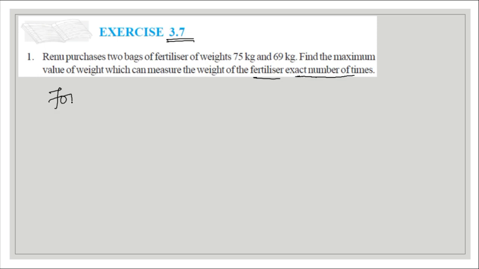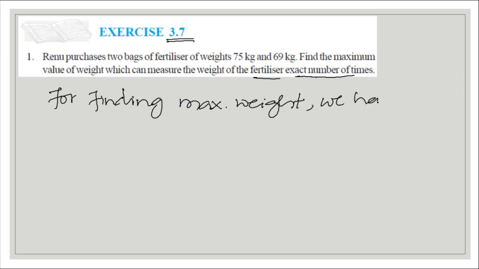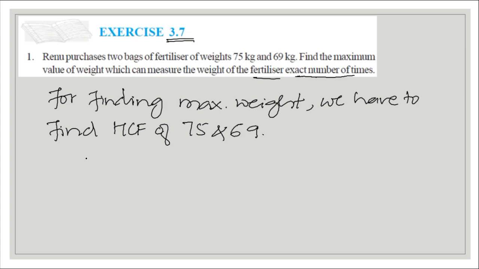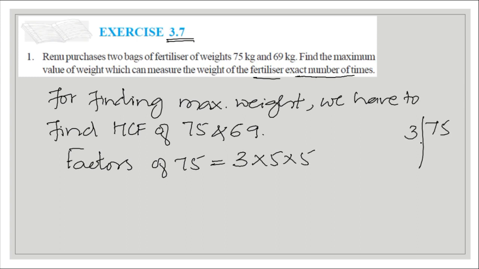For finding the maximum weight, we have to find the highest common factor of 75 and 69. To do that, let me write the factors of 75 by factorization. So 3 into 5 into 5, because 75 divided by 3 is 25, and 5 times 5 is 25.